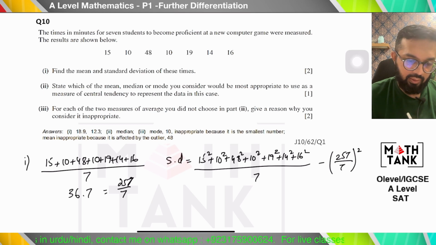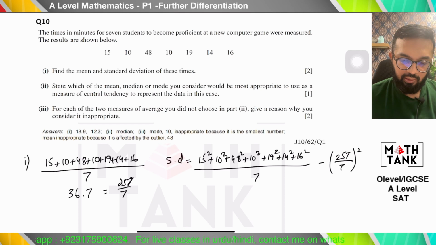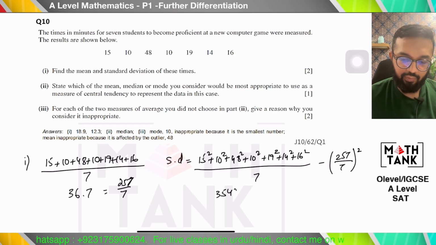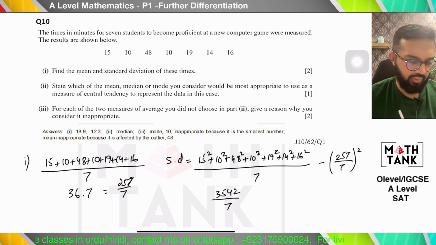Okay, I think I've done some calculation mistake. 15, 10, 48, 10, 19, 14, and 16. It's 3542 over 7. Looks a little weird. Oh, this was wrong. It's 132/7.